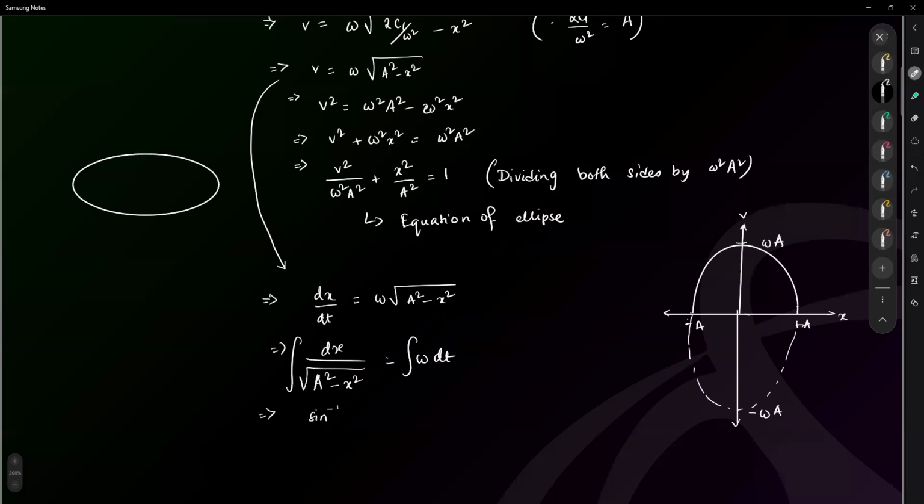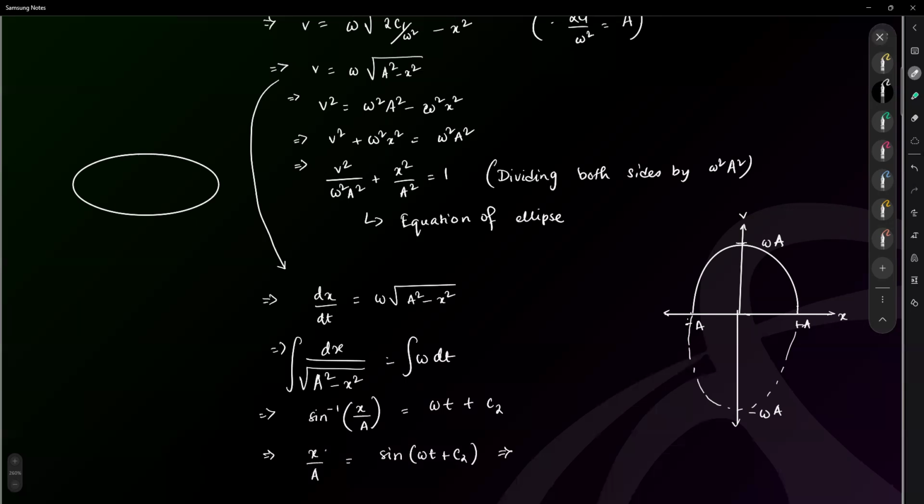Sine inverse of x by a equal to omega t plus c2. C2 is the second constant of integration. From here I can write x by a is equal to sine of omega t plus c2.